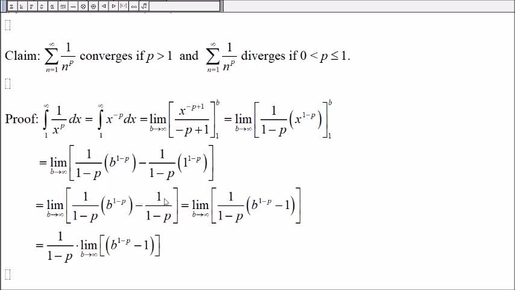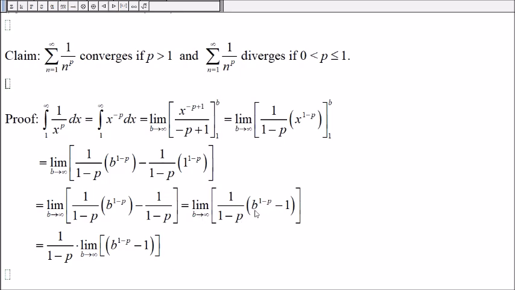This part and this part have a common factor of 1 over 1 minus p. And so if we factor out the 1 divided by 1 minus p, then what's left is b to the 1 minus p, and then minus 1. And this is just a constant. The limit is with respect to b.